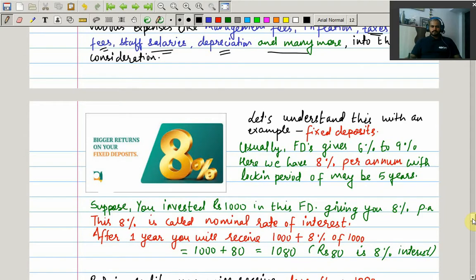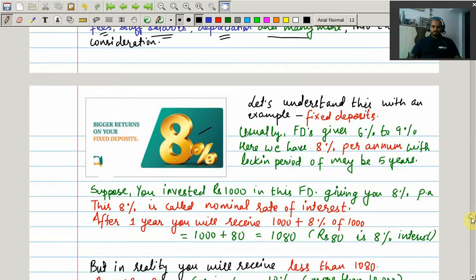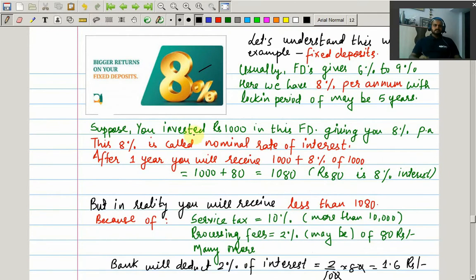Fixed deposits. Usually fixed deposits give 6% to 9%. Here we have 8% per annum with a lock-in period of maybe 5 years. Suppose you invested 1000 rupees in this FD scheme, giving you 8% per annum.